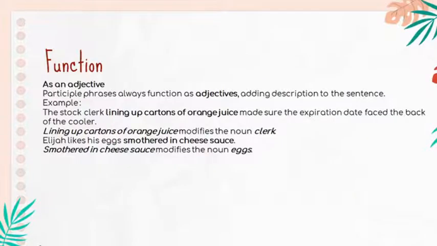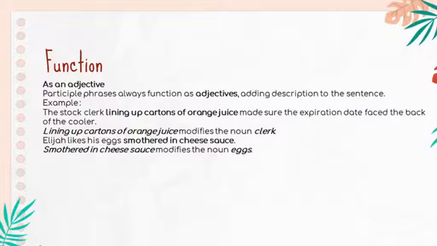And then for the next, the function of participle phrase. A participle phrase has a function as an adjective. Participle phrases always function as adjectives, adding descriptions to the sentence.